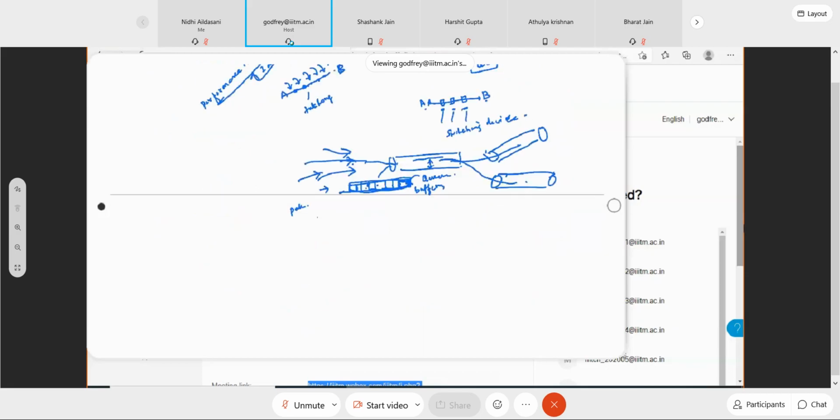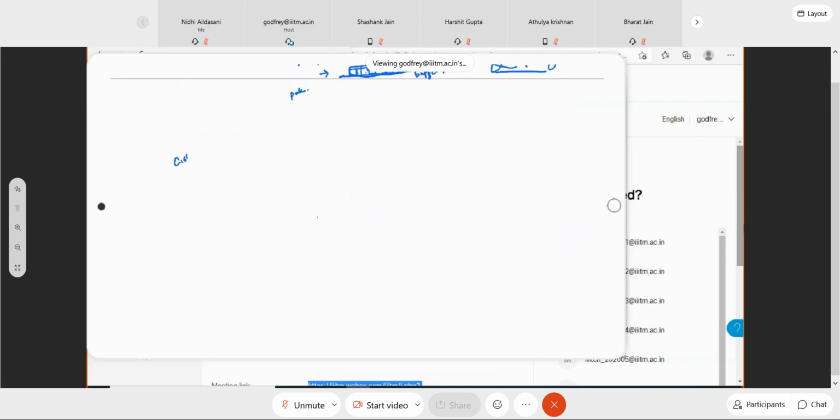On the other hand, if you have a circuit switched network, then what is the performance metric? What is the performance metric in a circuit switched network? So optimization of throughput of the channel.